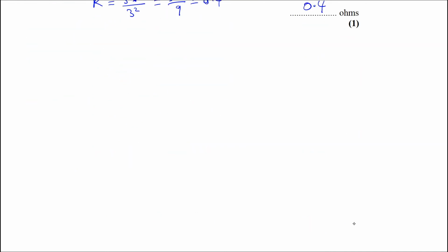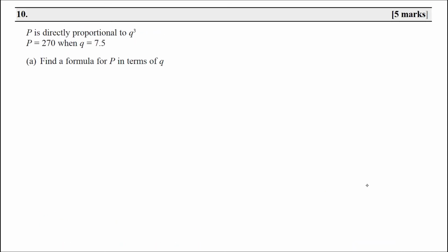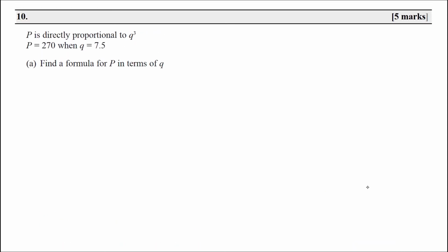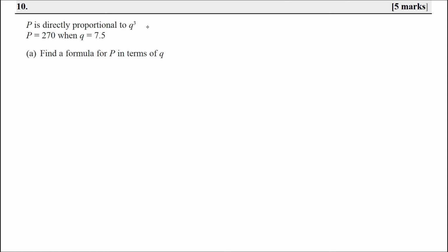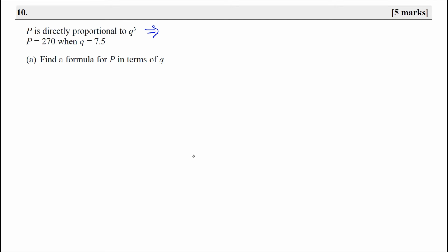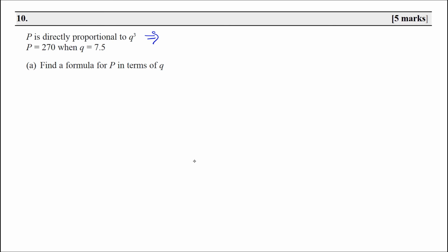Okay, next question, number 10. P is directly proportional to Q cubed, which implies that we can form an equation out of this proportional statement. So P will be equal to k Q cubed. But now we need to find the value of k.